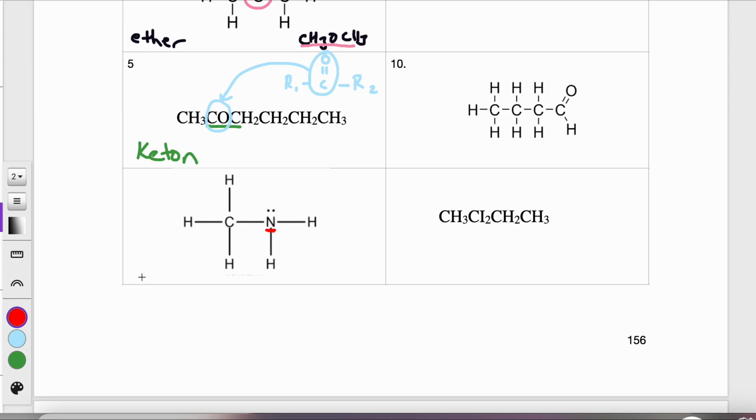So nitrogen, no oxygen, I know that this is an amine. And if I did circle it, I would see something like this. So I have to circle the nitrogen. That makes it the amine.